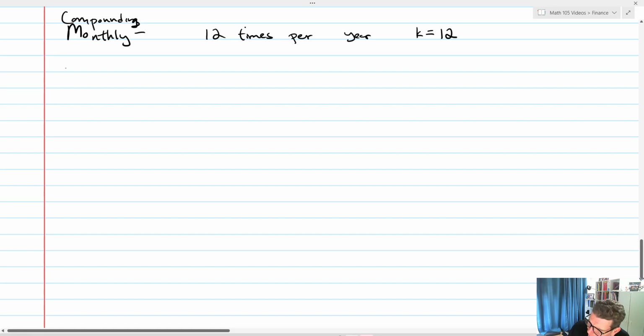We can also compound daily. And daily compounding is 365 times per year. And this one, we're going to use K equals 365. Okay? If, on the other hand, we get compounding biannually, that means twice per year.